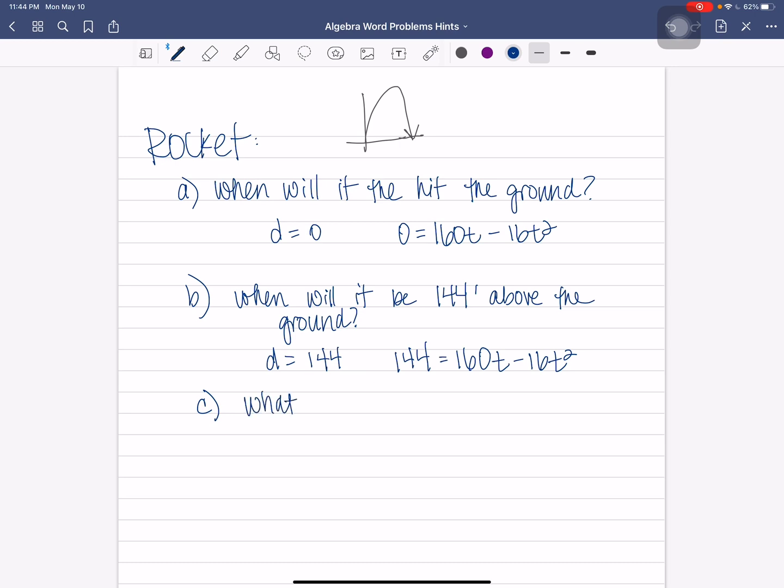Okay, now the last one here, letter C, asks what is the maximum height? And this is where I'm going to star this one here. You have to use the vertex formula for the line of symmetry.